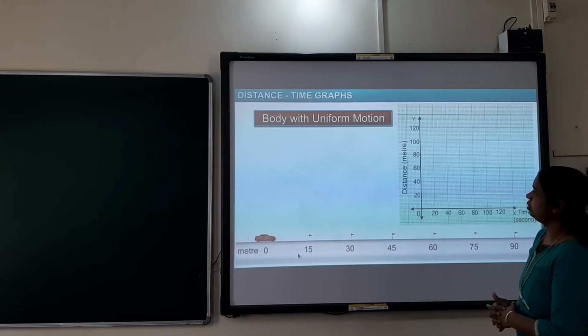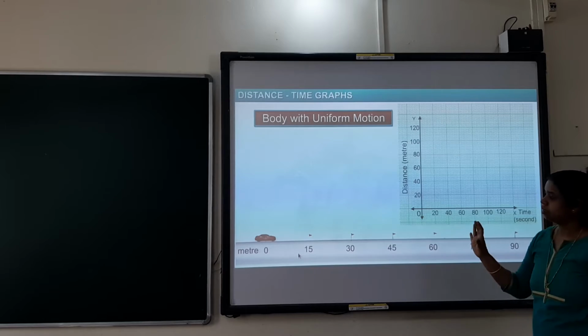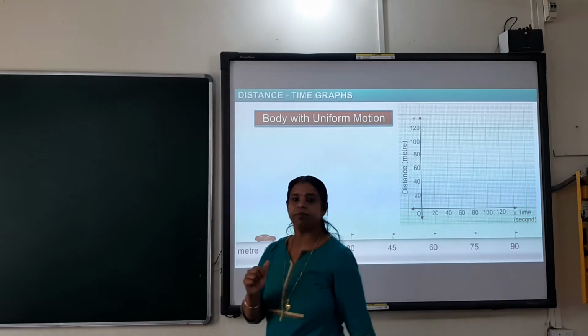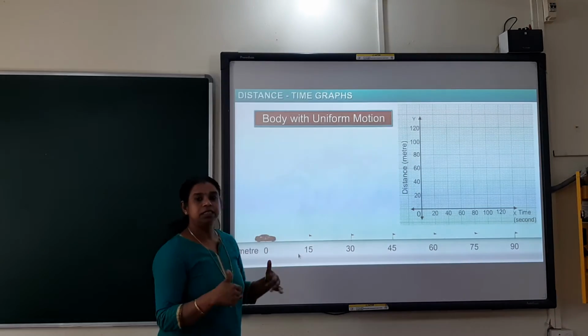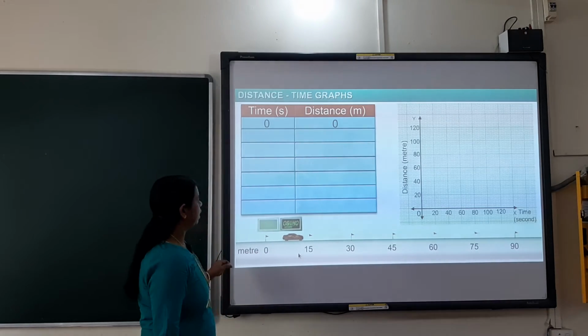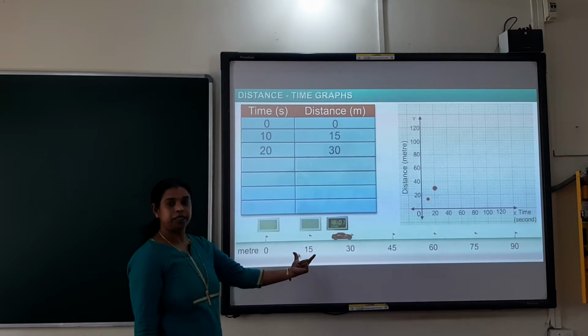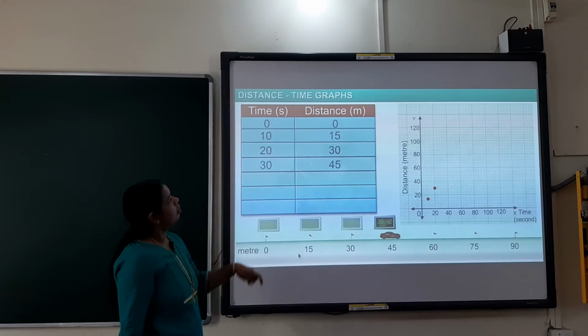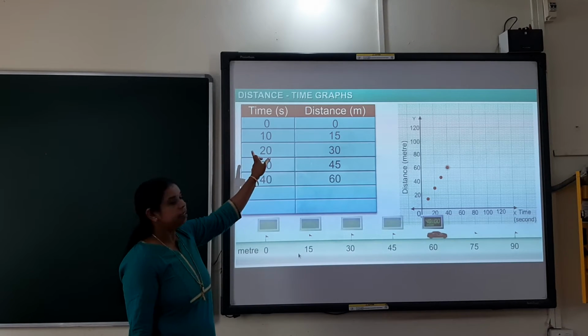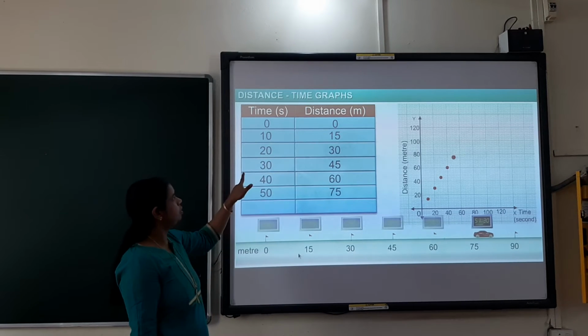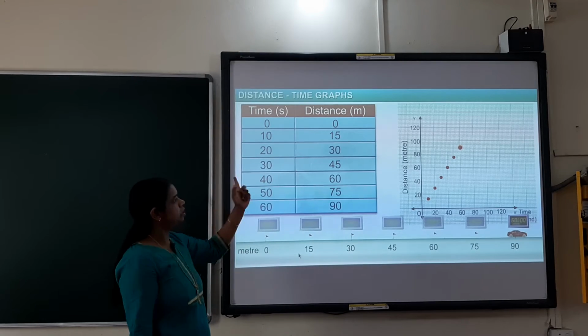Then now the body with uniform motion. The body with uniform motion means what? Equal distance in equal intervals of time. Means its speed will be the same. Then now 0, in 10 seconds 15 meter, in 20 seconds 30 meter, in 30 seconds 45.